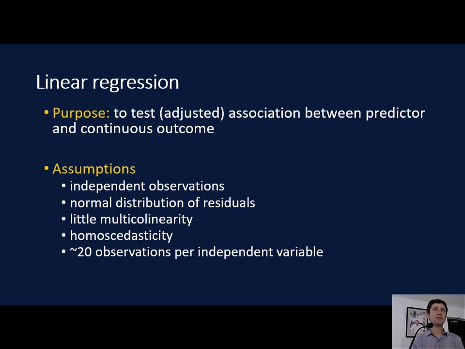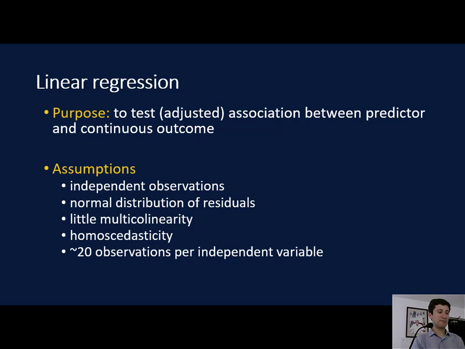And the reason that's important is because when there's a lot of multicollinearity, a small change in one of our variables can induce, in one of our observations, a really big change in our effect size. So it can unjustifiably impact our model results when there's a lot of multicollinearity. And then there's this thing called homoscedasticity.